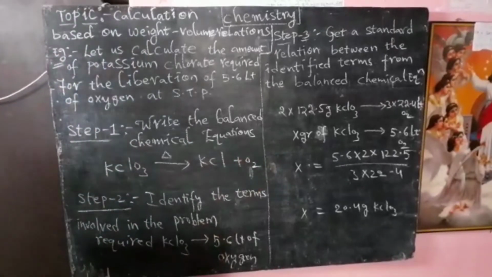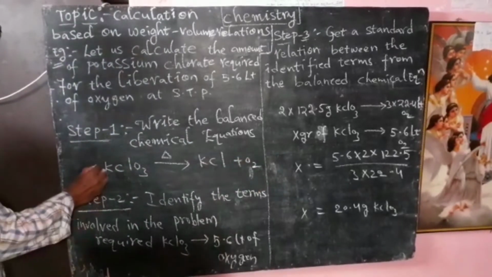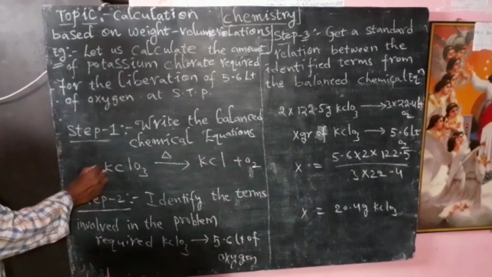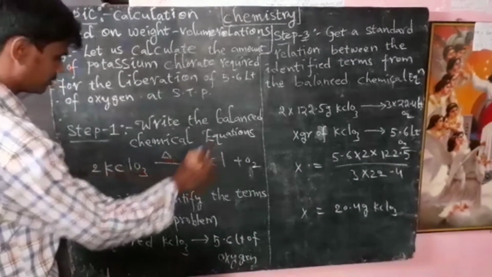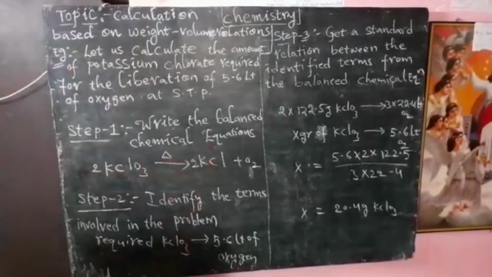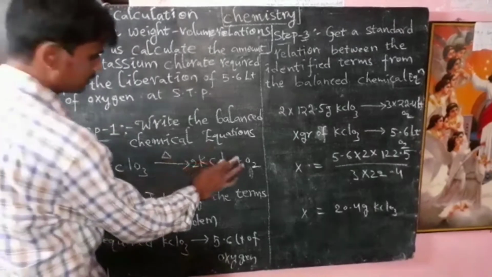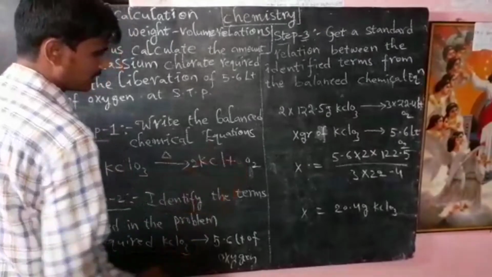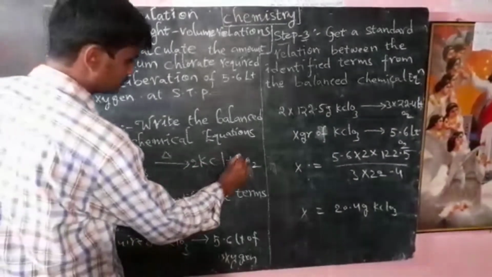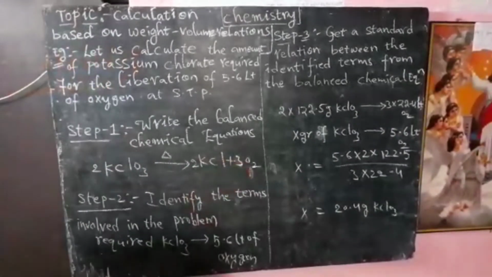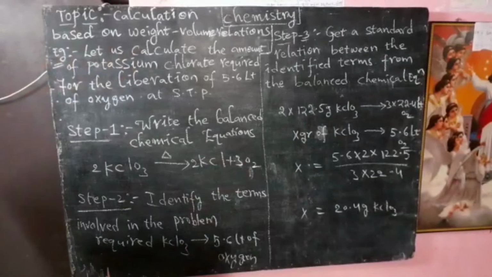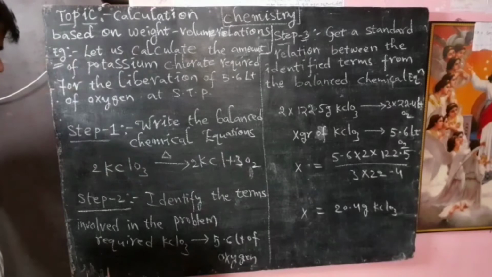This is an unbalanced equation, so I will put 2 moles here, 2 moles. KCl is balanced on both sides, but the number of oxygen atoms is not balanced on the right side, so I will multiply with 3. The unbalanced equation has now changed into a balanced chemical equation.